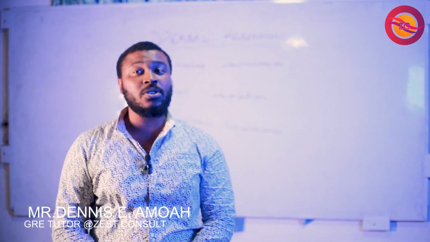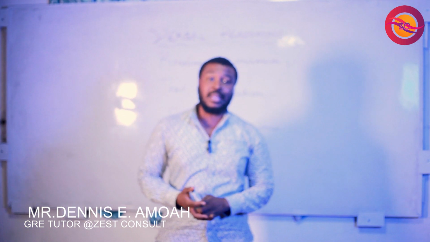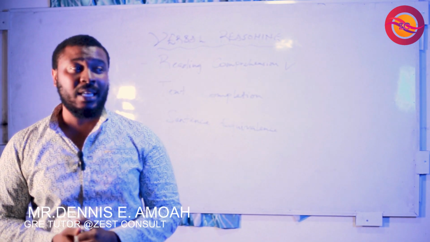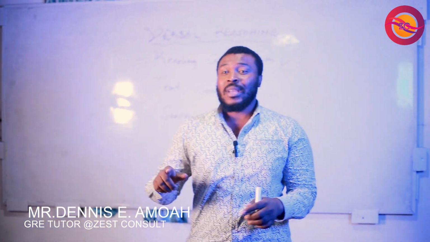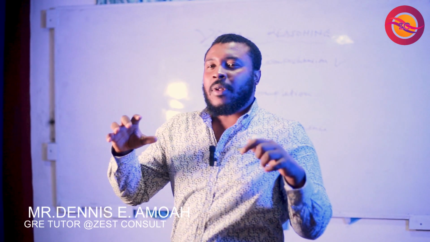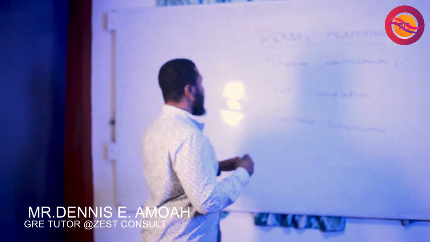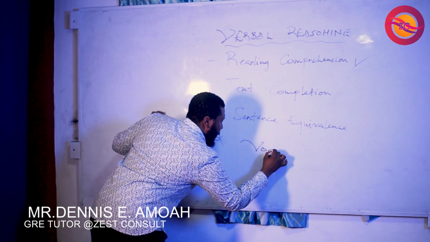For most books, you are not likely to see this approach in the books, but I think once you go by this approach, it is likely you are going to get the right answers, right? Because again, the GRE focuses on bigger words. So, as part of the things, maybe let me include vocabs here.